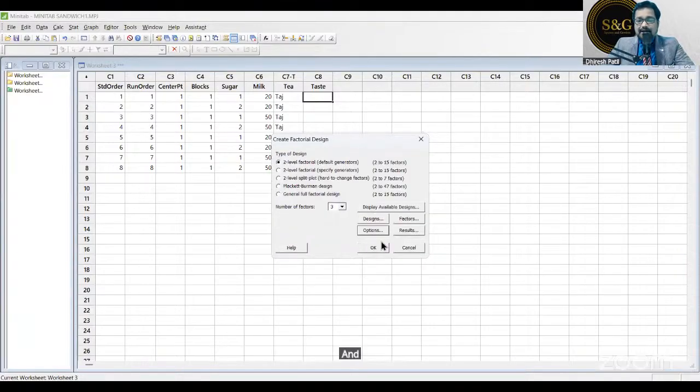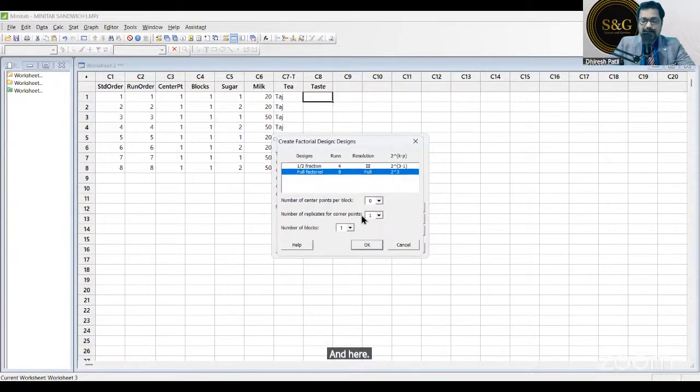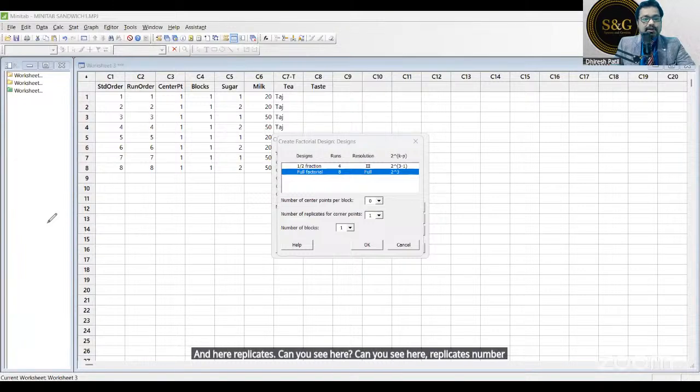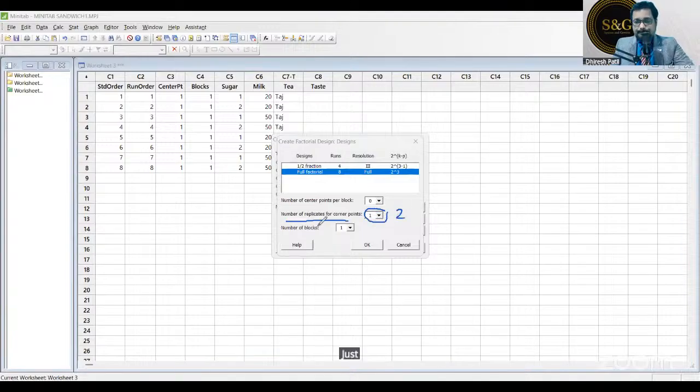And go to options in designs once again. And here, can you see replicates, number of replicates? Instead of 1, just put 2 here. That means we are replicating it twice. Just click on OK.